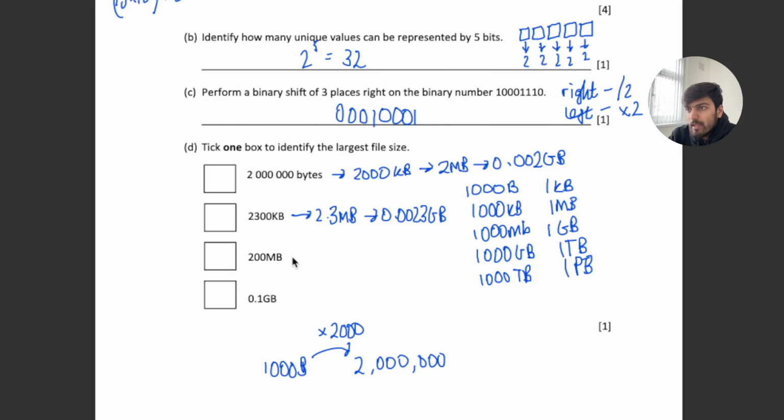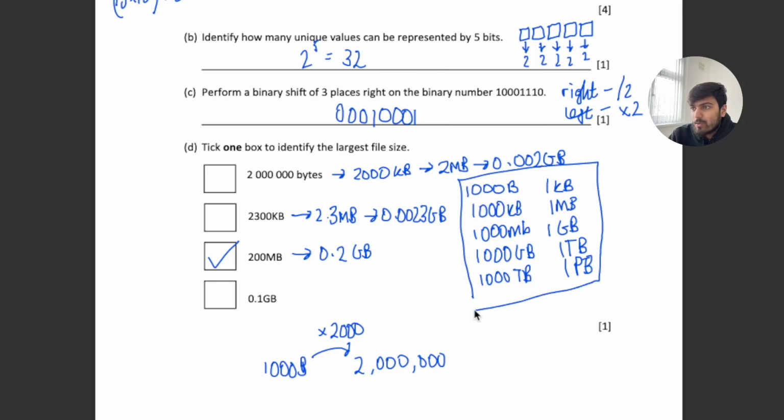Here again, let's divide by 1000 and we should get 0.2 GB, and 0.1 GB is clearly less. So the greatest GB value is 0.2, and hence why this is the correct answer. It is 1 mark, but it's worth knowing how you can go from each thing. So yeah, make sure you memorize or know how this works.